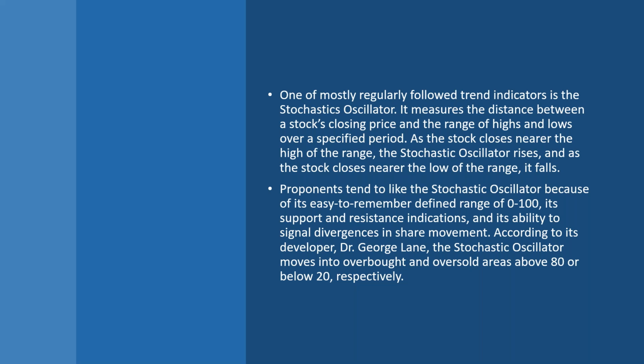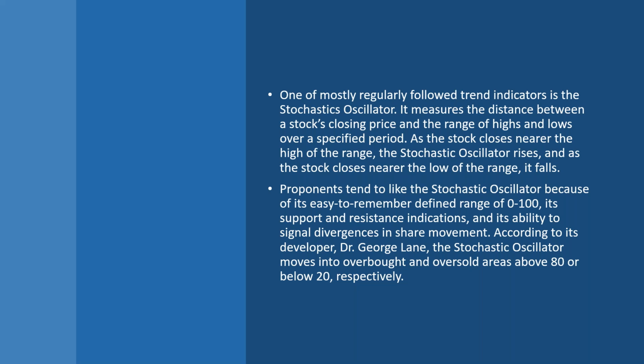So proponents tend to like the stochastics oscillator because of its easy to remember defined range of 0 to 100, its support and resistance indications, and its ability to signal divergence in share movement. According to its developer, Dr. George Lane, the stochastics oscillator moves into overbought and oversold areas above 80 and below 20.